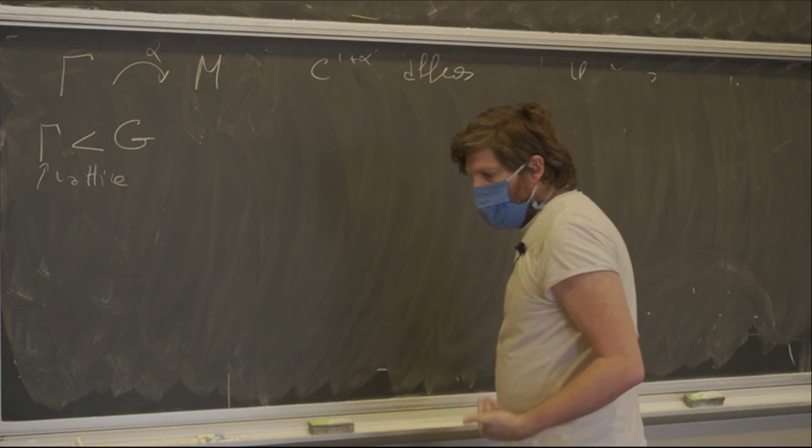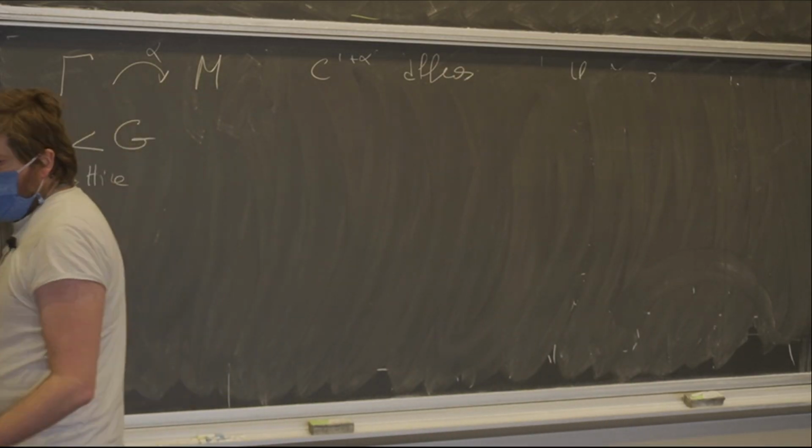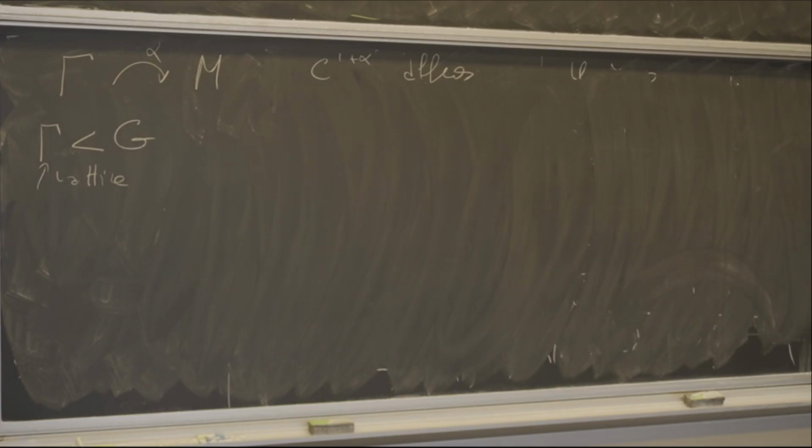Now I will start again what we have played in this Margulis normal subgroup theorem, and I want to find an invariant measure for this Gamma action. Okay, so remember that that's what this Margulis normal subgroup theorem was about, finding an invariant measure for actions.